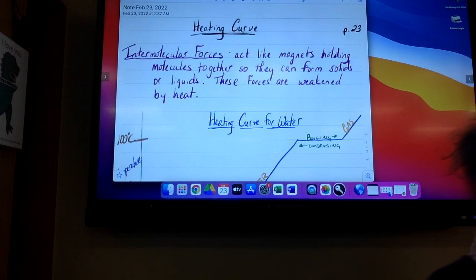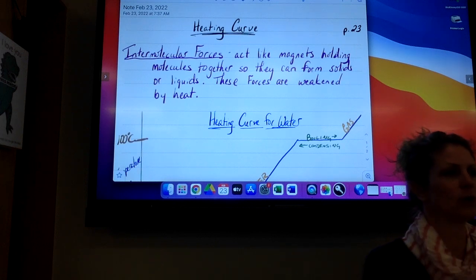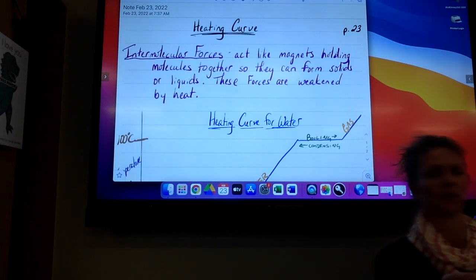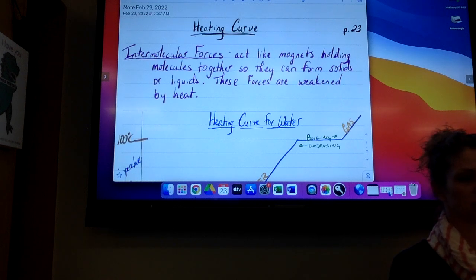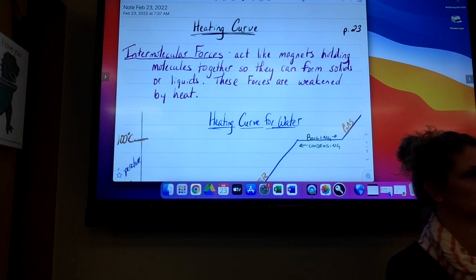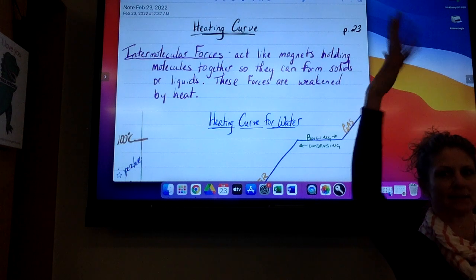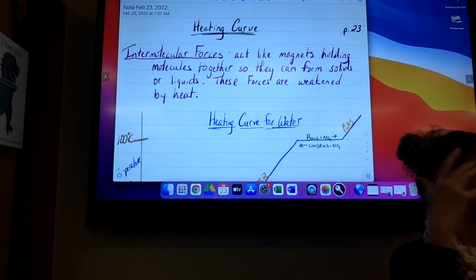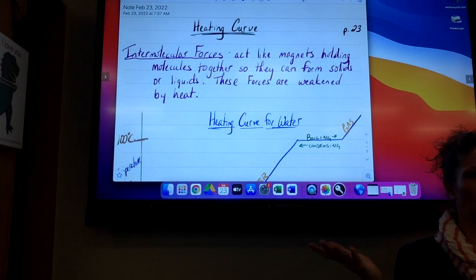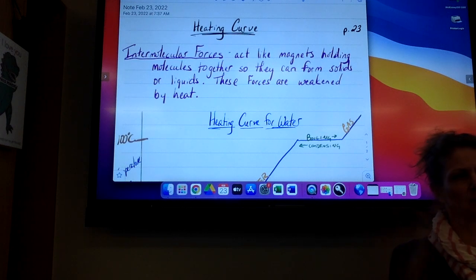And so I don't know if you've ever thought about this, but how weird is it that this room is the same temperature, right? This room is 72 degrees. How weird is it that you have a solid and a liquid and gas in the air, and it's all the same temperature? Because don't things turn to a gas when you heat them up, and then things turn to a solid when you cool them down?